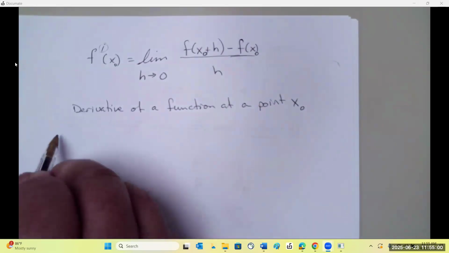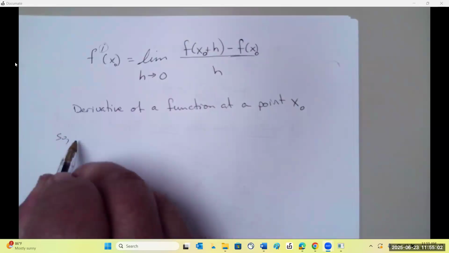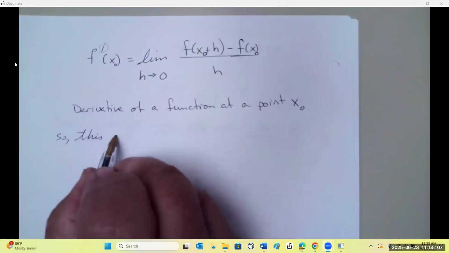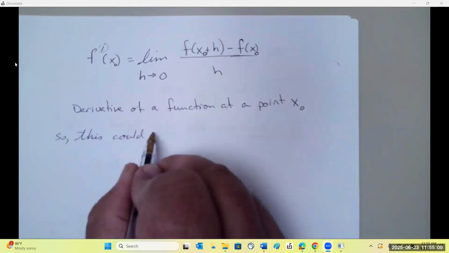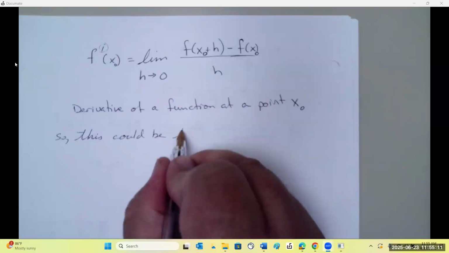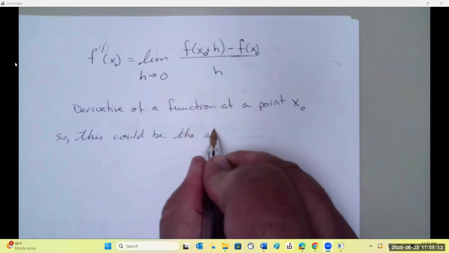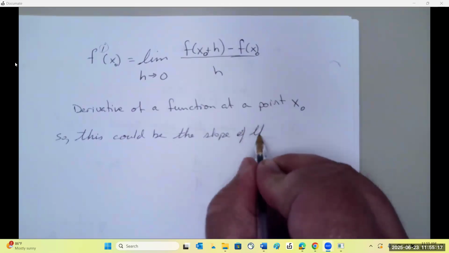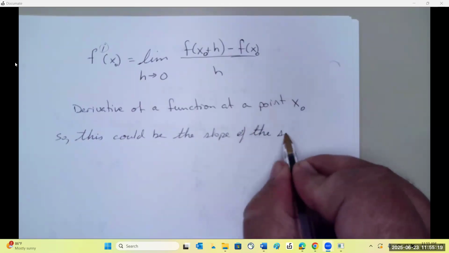So this could represent the slope of the secant line.